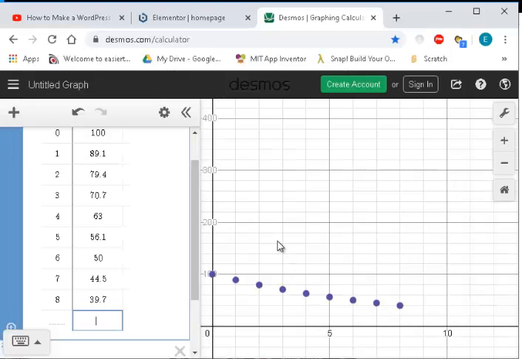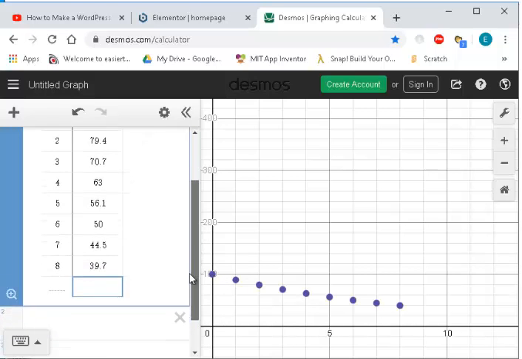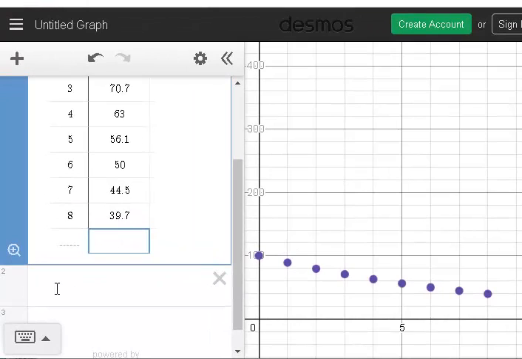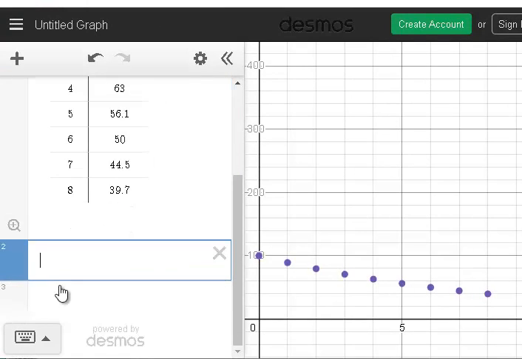So this is our graph again. Remember, this one represents the percentage and this one represents the number of glasses. To see how many glasses are needed to reduce the light to 25%, we are going to plot y is equal to 25.